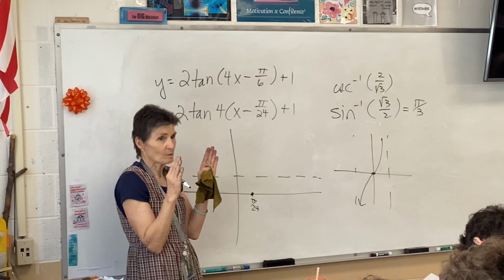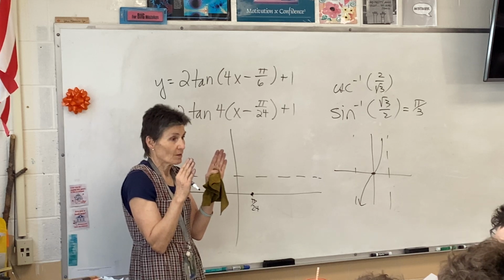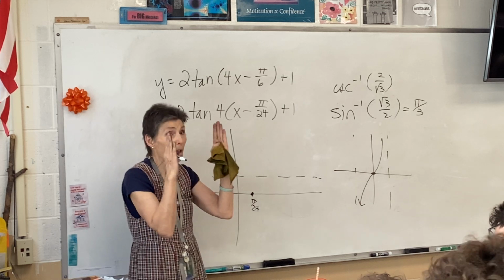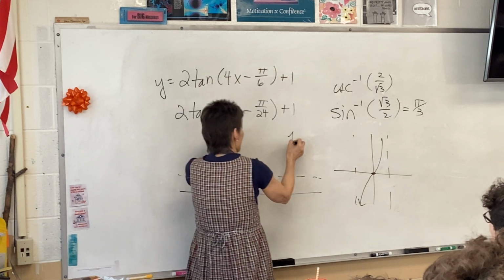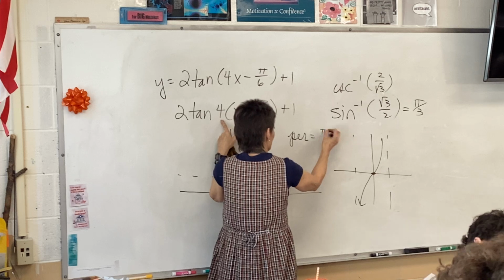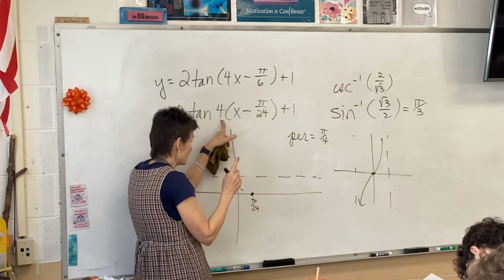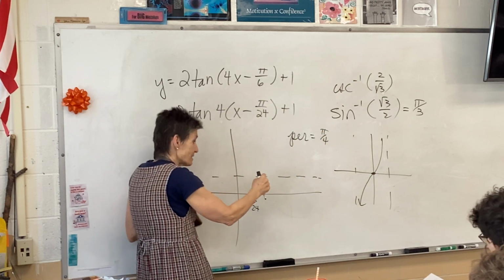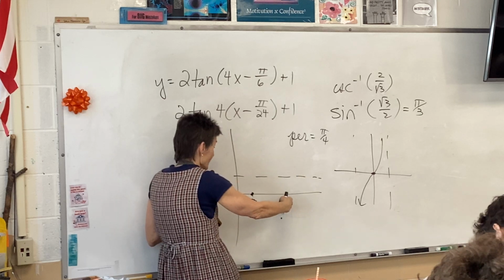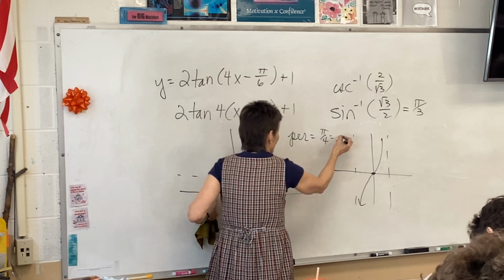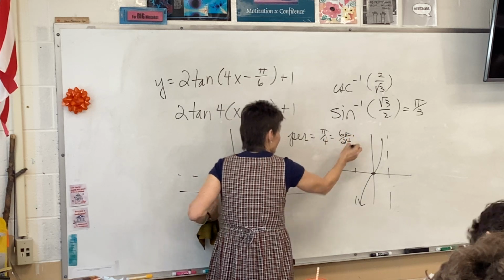Where are those asymptotes going to be? They're going to be a period apart. So the period is pi over 4. Which means, to figure out where to put my asymptotes, this whole thing is pi over 4, which is, by the way, 6/24.